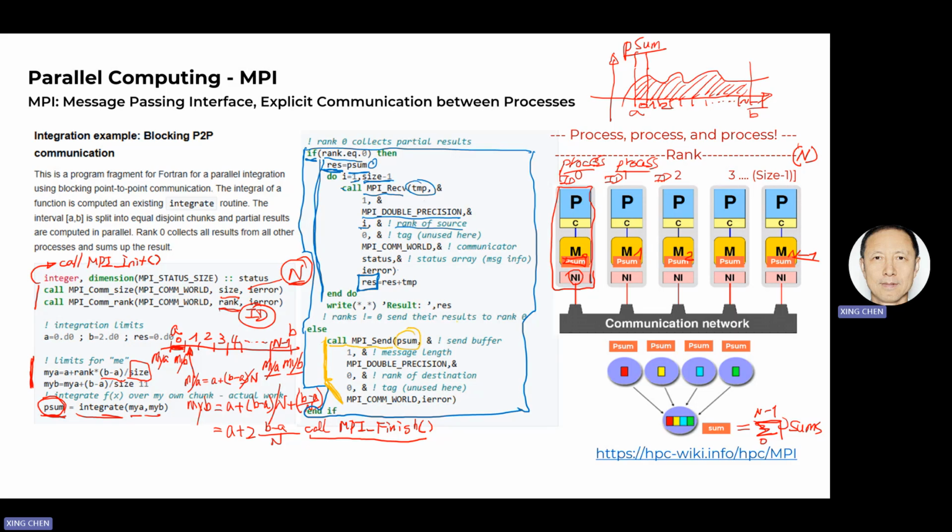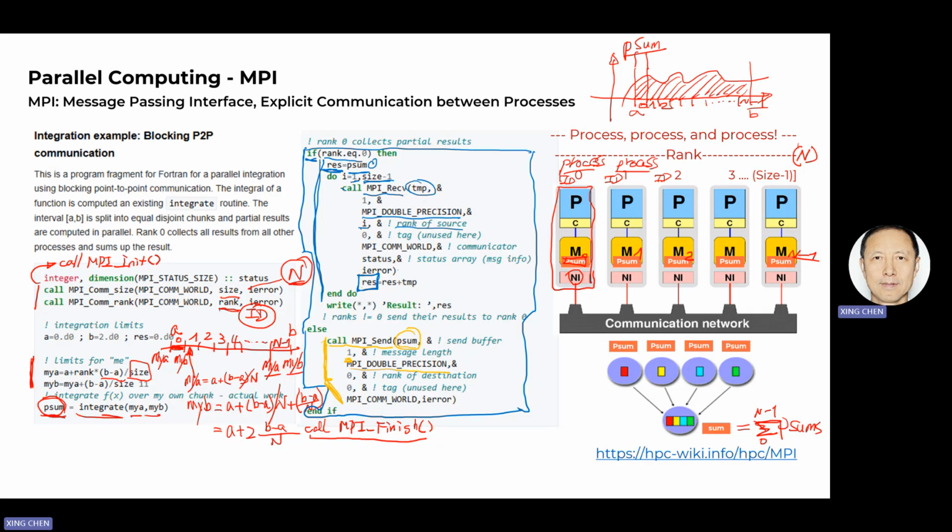All the other MPI processes are going to send their p-sum to MPI process 0. So I'm going to send my p-sum to rank 0, and I'm going to send a double precision number. This is a functional call to MPI send, to send the result to MPI process 0.